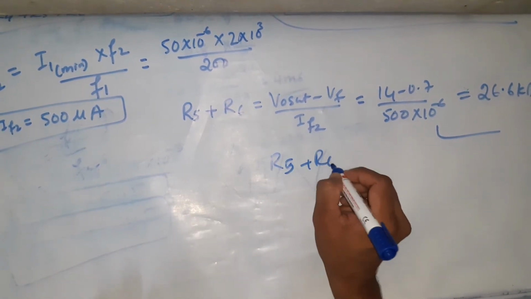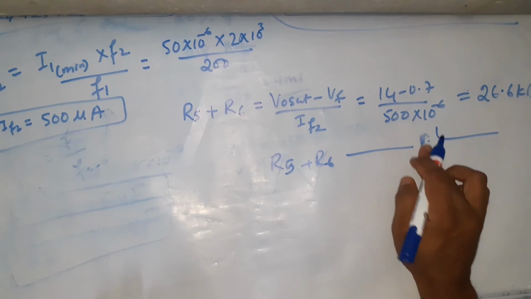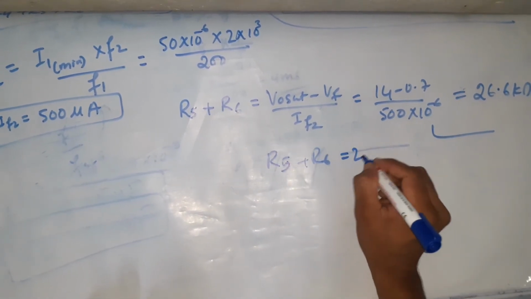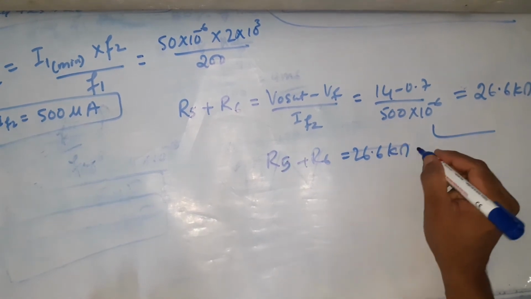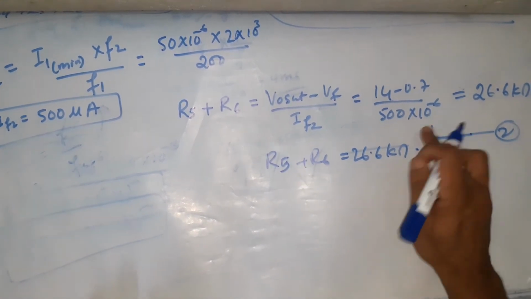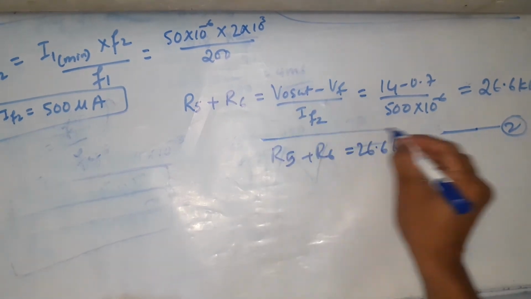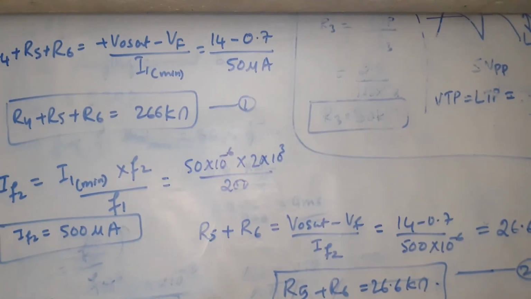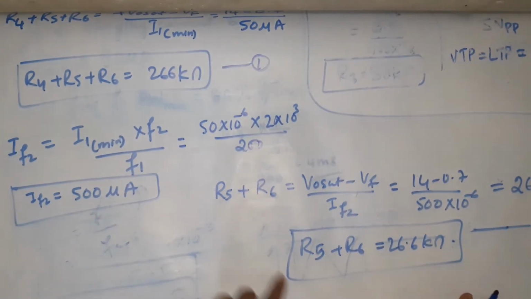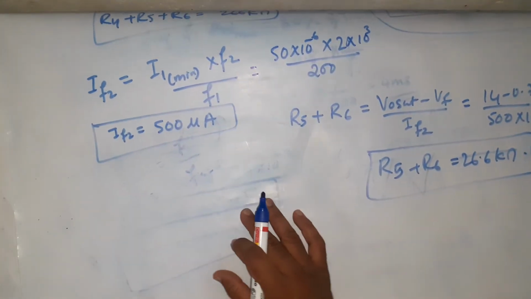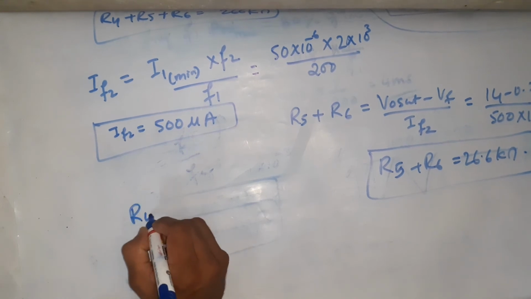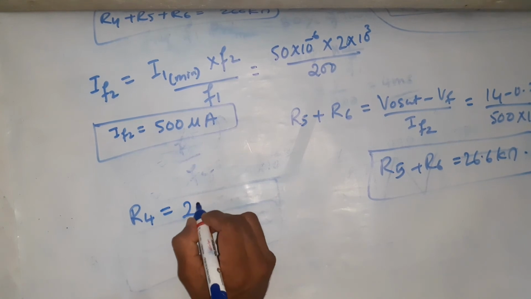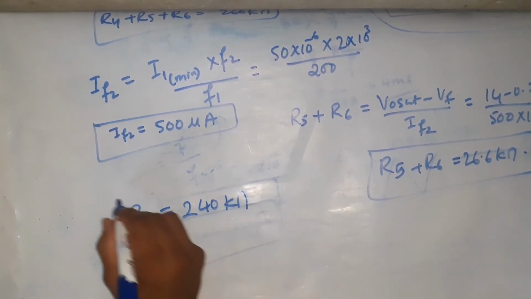R5 plus R6 equal to 26.6 kilo ohms. Let this be your equation 2. So we have two equations now. If you compare equation 1 and equation 2, you can separate out R4. Therefore the difference will give you R4 equal to 240 kilo ohms.